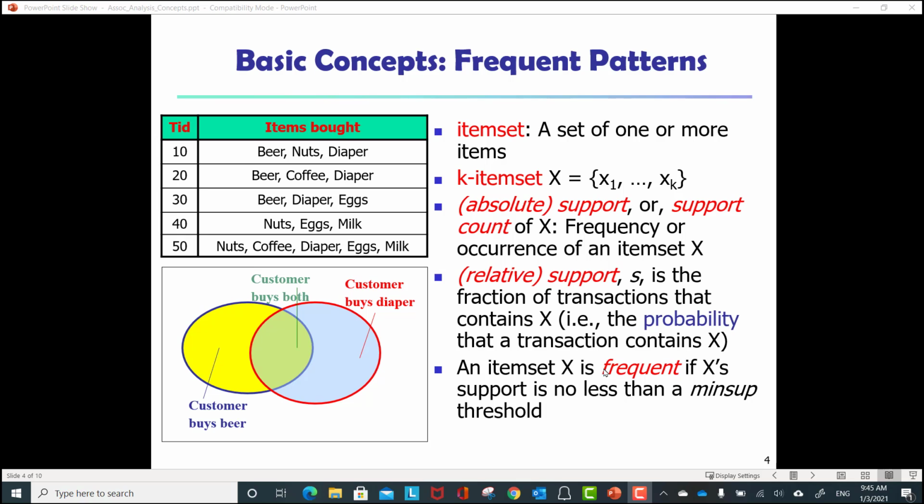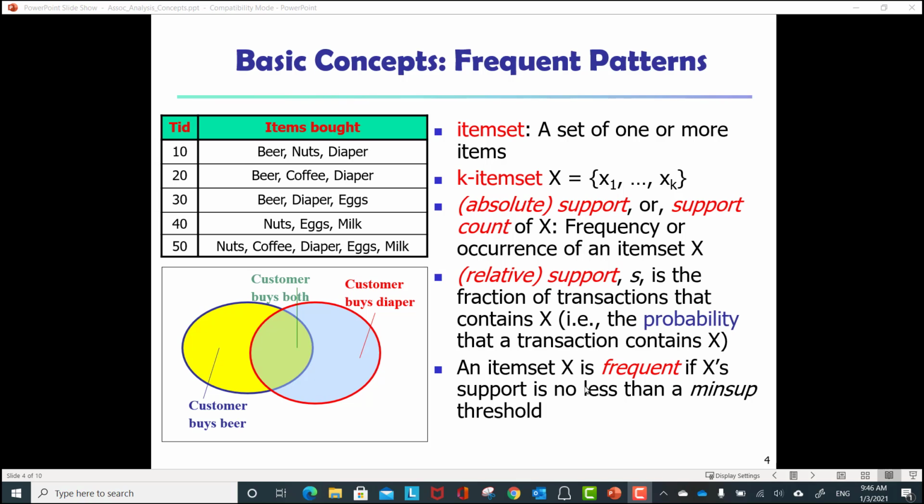Okay, the next one is the concept of frequent. We call an itemset X frequent if X's support is no less than a minsup threshold. The minsup stands for minimum support. So the itemset is frequent based upon the minimum support you set.